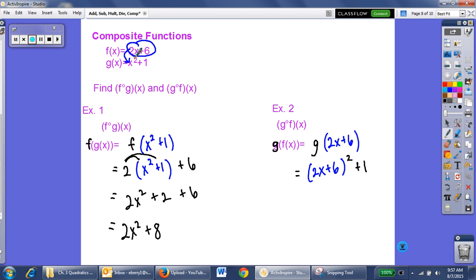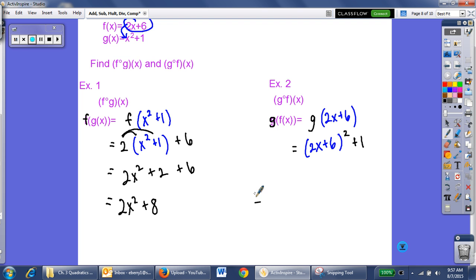So now this will take a little bit of time to simplify. Let me skip down a little bit here. So we have 2x plus 6 squared, so I'm writing that twice, and then plus 1. Notice I didn't try to distribute this exponent of 2. You are not allowed to do that. You need to write it out twice and then FOIL. So first would be 2x times 2x, so 4x squared.